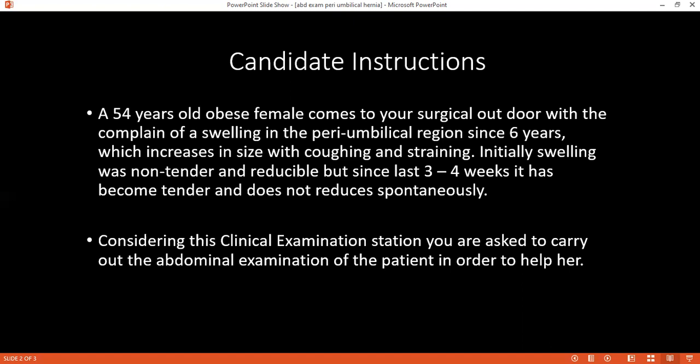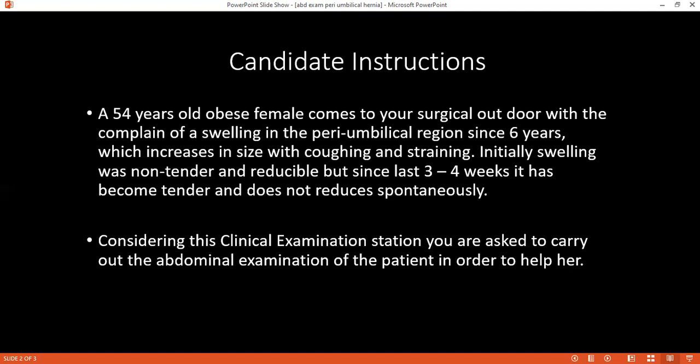Okay. So what are the treatment options that you can offer to this patient? Yes, for a peri-umbilical hernia, the patient can benefit from a herniorrhaphy, which can be done either open or laparoscopically. Would you not ask the patient to reduce weight and do lifestyle modifications?